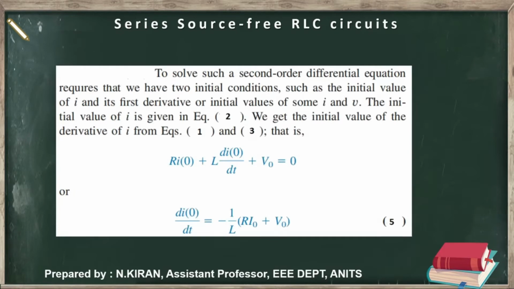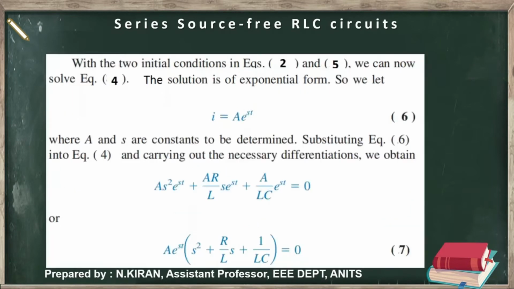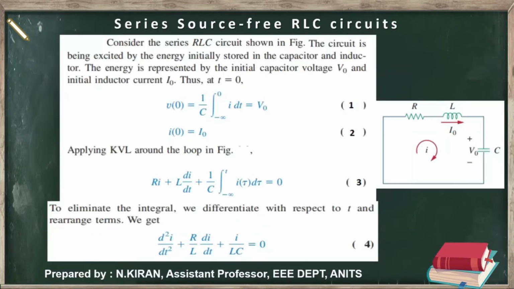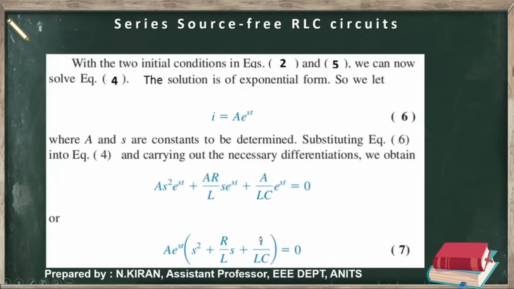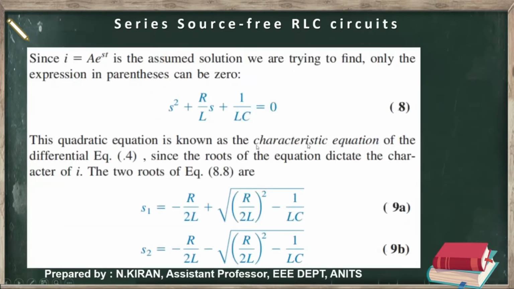Using those two initial conditions, that is equation 5 as well as equation 2, let us try to solve equation 4. Equation 4 I can write as S square plus R by L into S plus 1 by LC is equal to 0.